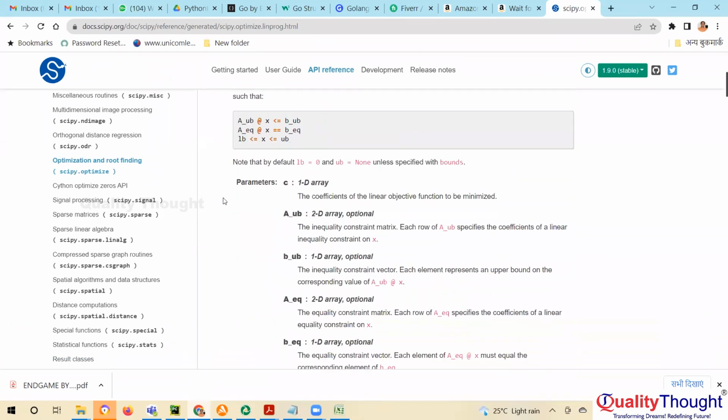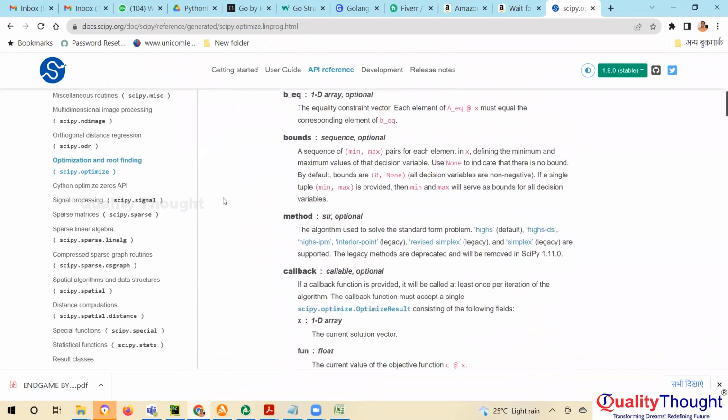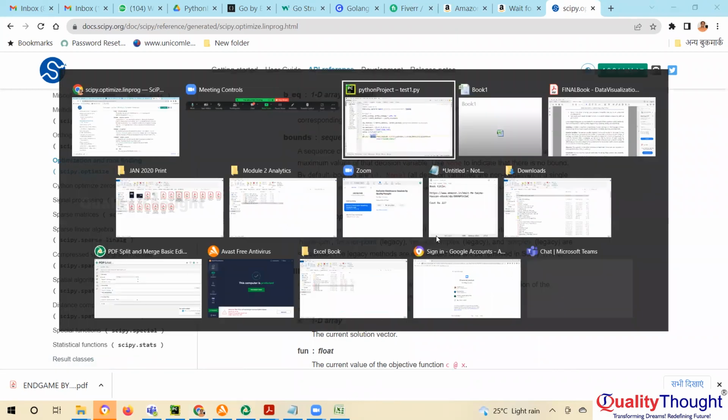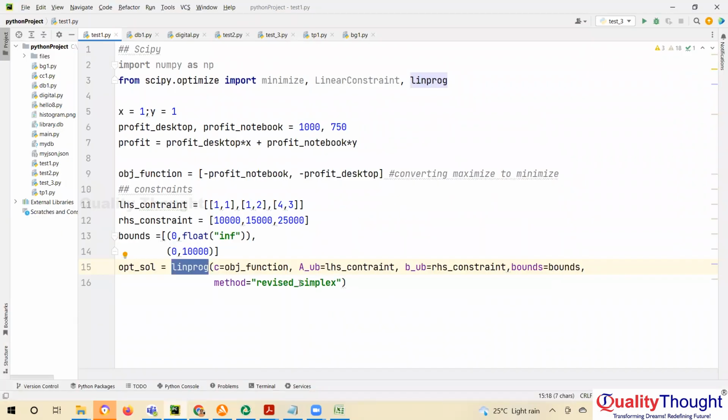So we'll look at the methods here. Okay, HiGHS, and revised simplex is the legacy. Simplex is the legacy. So we can use revised simplex. Legacy means the old way. So we'll say revised simplex, there is no underscore. Now our solution is ready.